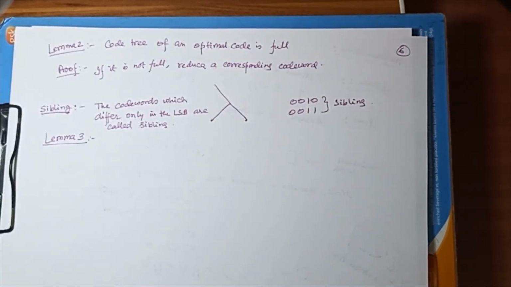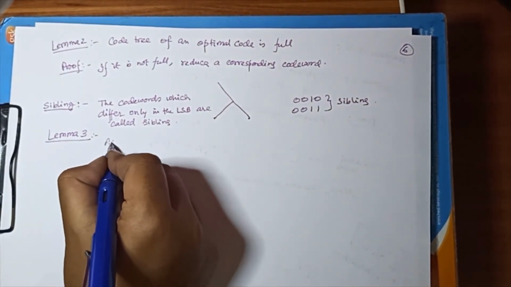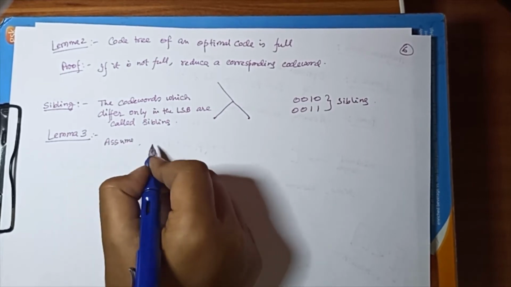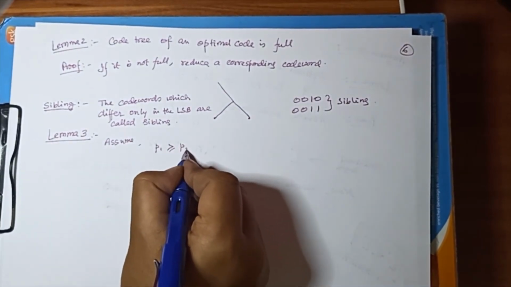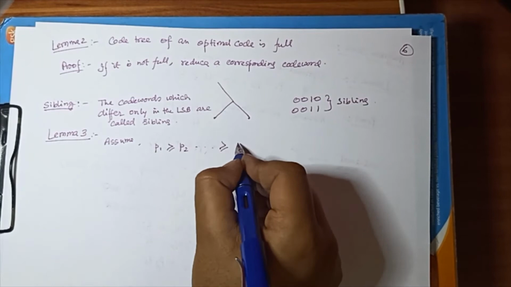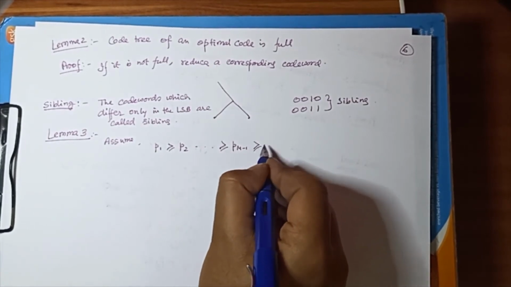So the third lemma says that if you assume the following order, P1 is greater than or equal to P2, so this is a non-increasing order, up to Pm minus 1 is greater than or equal to Pm.